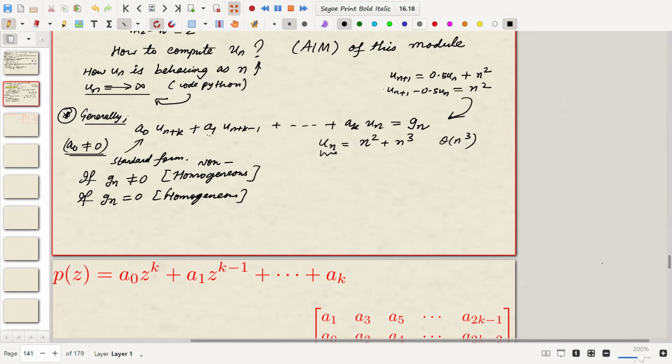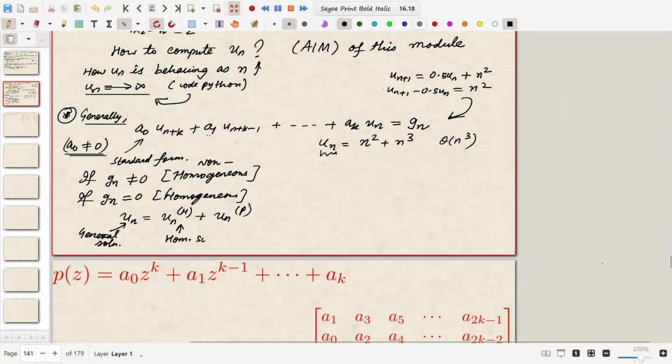for the particular equation. So same here, we will have UN, which is nothing but UN of the homogeneous part plus UN of the particular equation, that is the non-homogeneous part. So this UN is nothing but the general solution. This is the homogeneous solution.